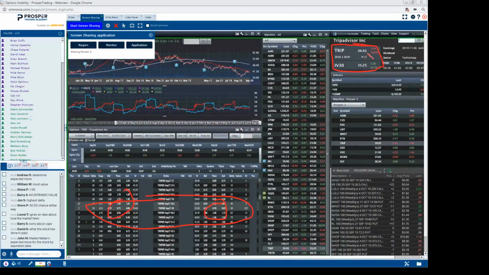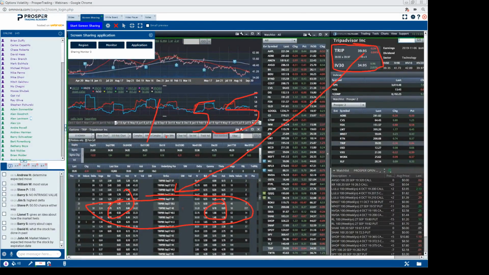Okay, as you can see here, the stock is $39.95. So, we're a nickel off, but that's fine. We can look at both the 40 call and the 40 put. If we add those together, it's about, I'm just rounding off here, about $1.55, right? $1.53 to be exact here, based on the midpoints of these markets.